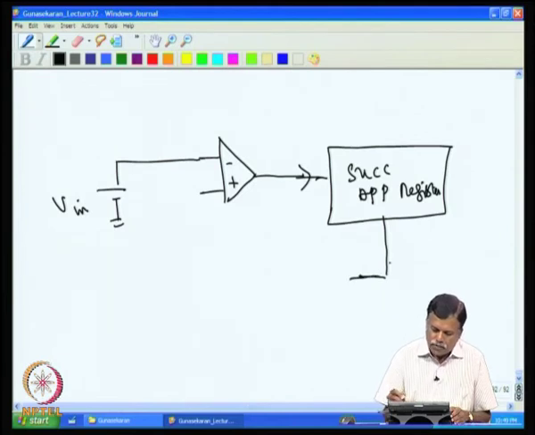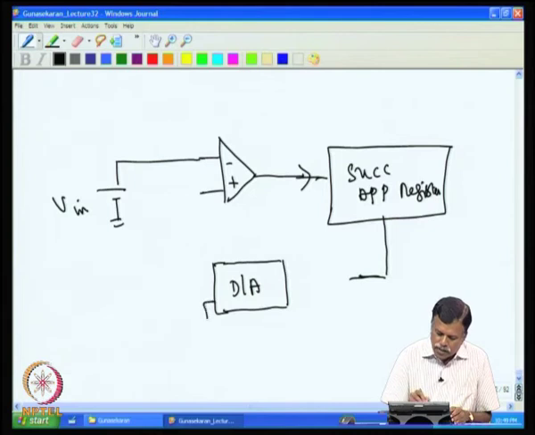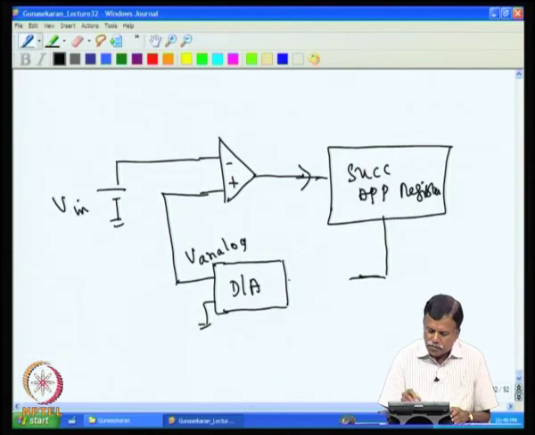It also needs a D to A converter, which we discuss a little later, and the D to A converter gives an analog voltage, V analog, that is given back to the other input of the comparator.